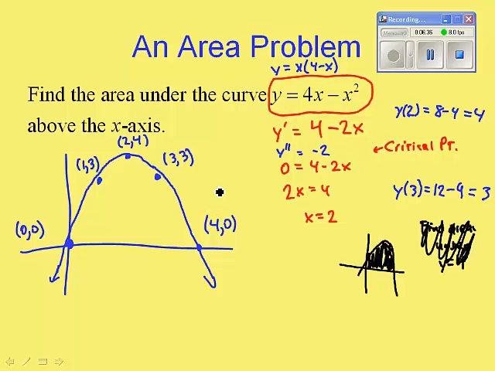Why would that be the case? That's actually a remarkable theorem. It's called the fundamental theorem of calculus. And that's what we're going to cover next time we meet. Somehow, all this antiderivative stuff we did in the first half of the class today has something to do with finding the area under the curve.